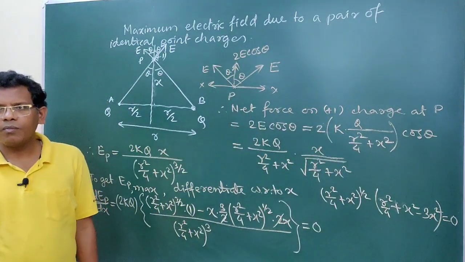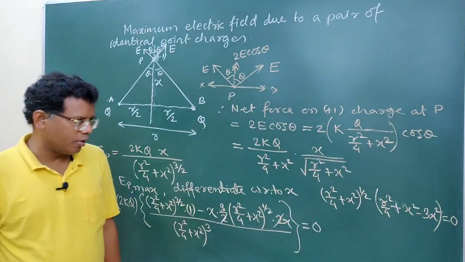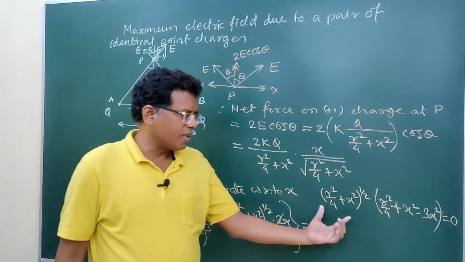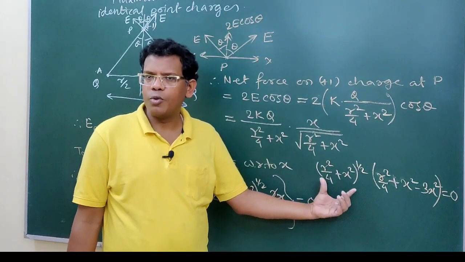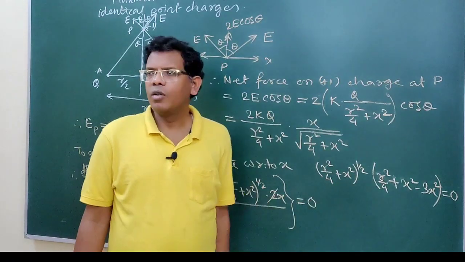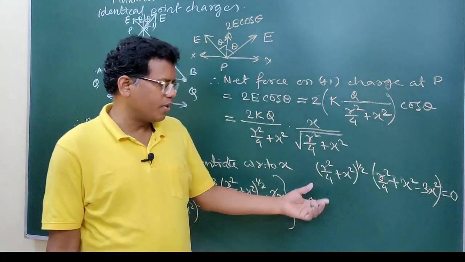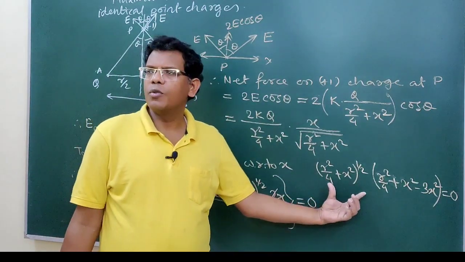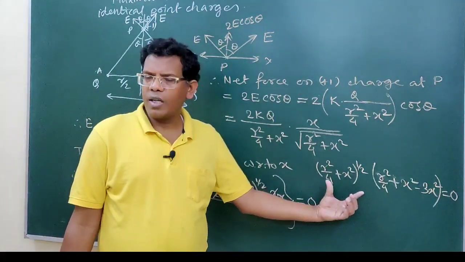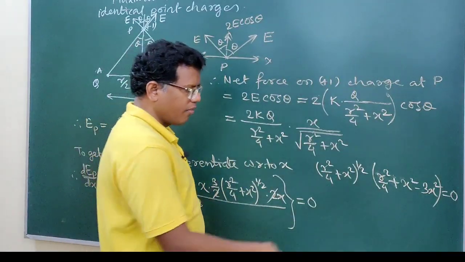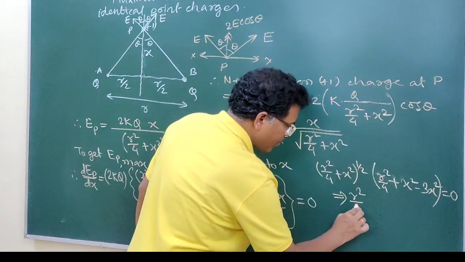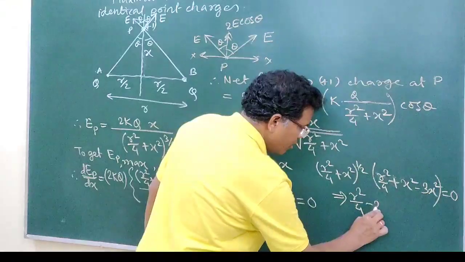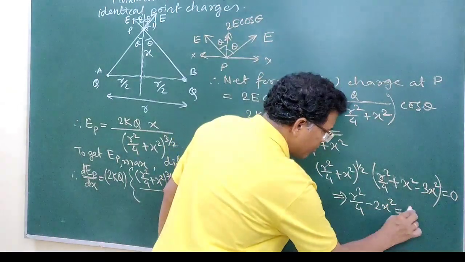So this is the term that can make the expression 0, out of which the first part, which is r square by 4 plus x square, the sum of two square terms, can never be 0. Sum of two square terms of real numbers can never be 0. So obviously it is the second part that can be 0. That means r square by 4 minus 2x square can be 0.